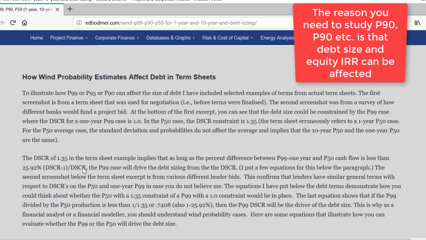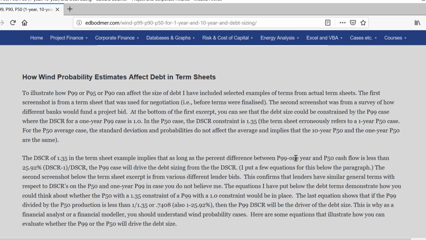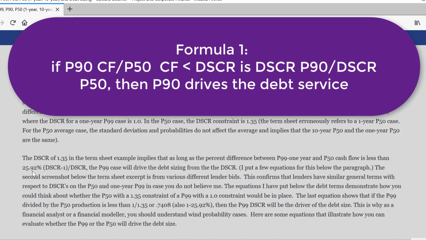So I go through and say, well, if the DSCR is 1.35 for a P50 and it's only one time for a P99, if the P99 case is more than 25%, which is DSCR minus 1, below the P50 case, then the P99 case will become instrumental. I get confused by all this dividing stuff.